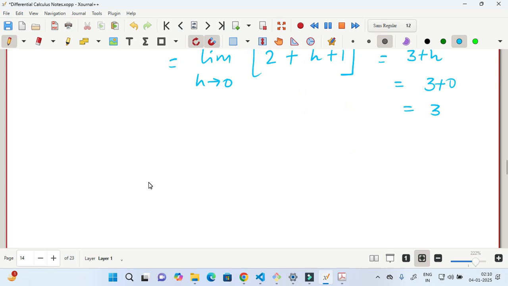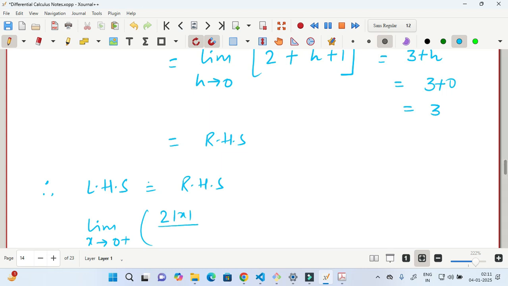So what is 3? 3 is the RHS. So this equals RHS. Therefore LHS equals RHS. Therefore, limit x tends to 0 plus of 2 times modulus of x by x plus 1 is equal to 3.